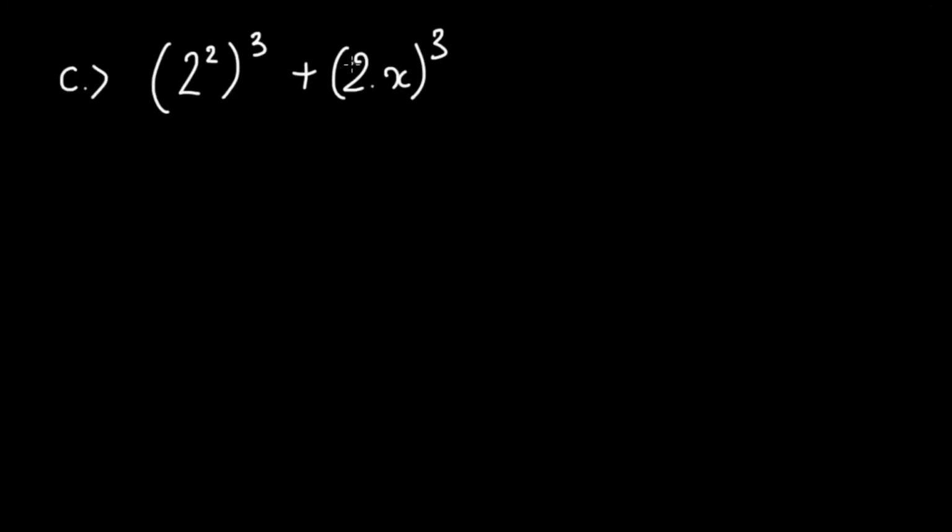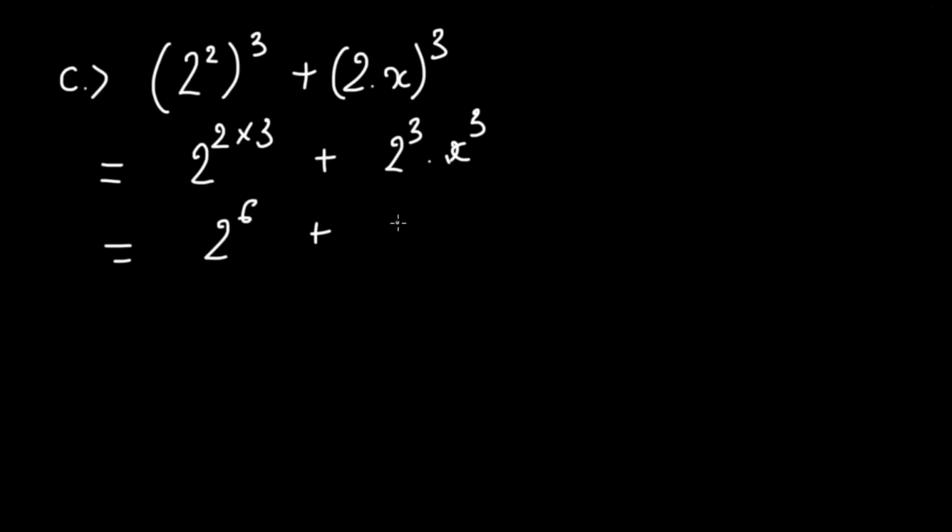Let's work on question C. We have 2 squared to the 3rd plus 2 times x to the 3rd equal 2 raised to the 2 times 3 plus 2 raised to the 3rd times x to the third equal 2 raised to the 6 plus 8 times x to the third equal 64 plus 8 times x to the third.